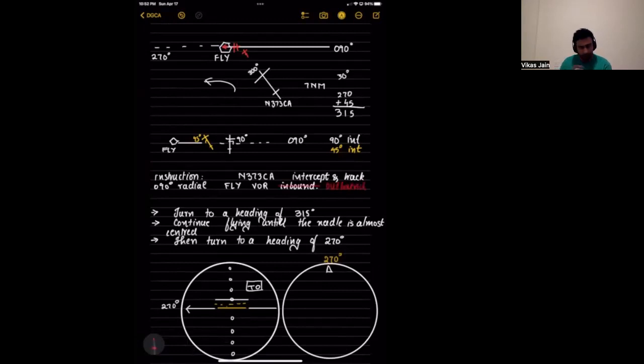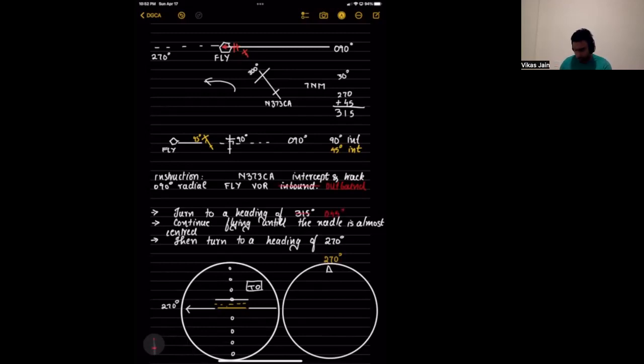Now, you're still with 300 heading, and you're supposed to track it outbound. So your course and your radial has to be the same with the from indication, correct? So you'll turn to a heading of 090, right? 090 minus 45 degrees, not plus now, it's minus. So you'll turn to a heading of 045 degrees, okay?